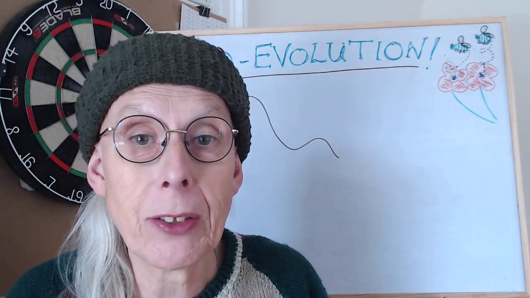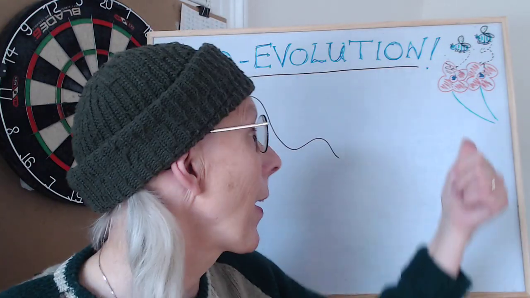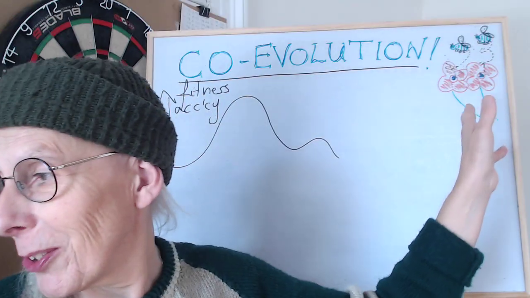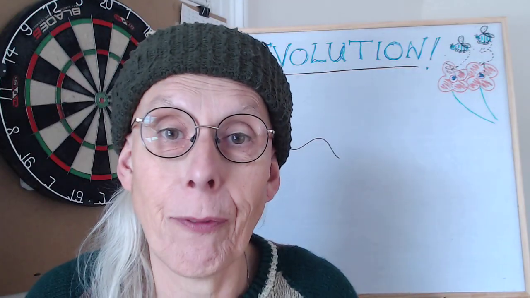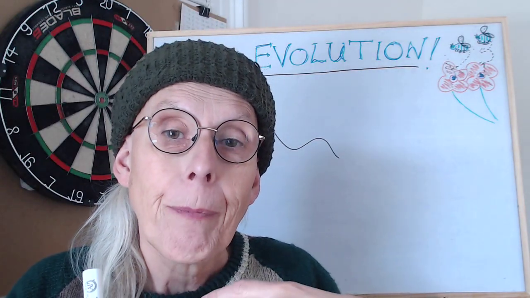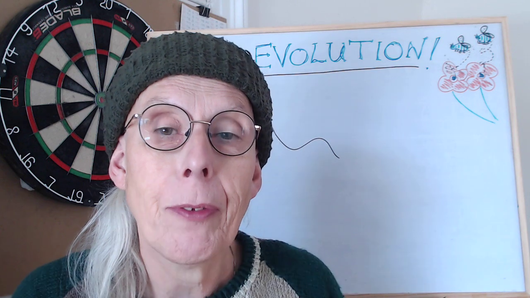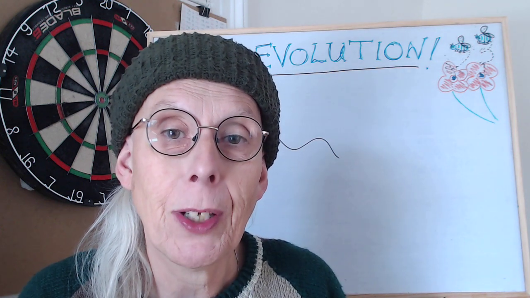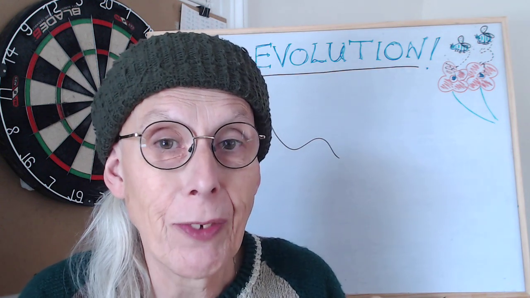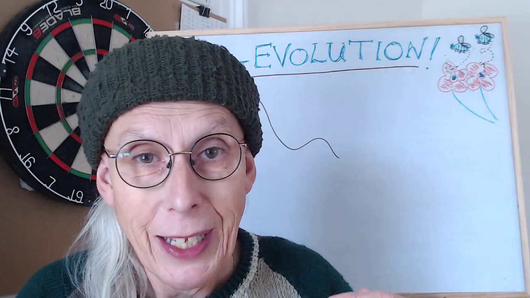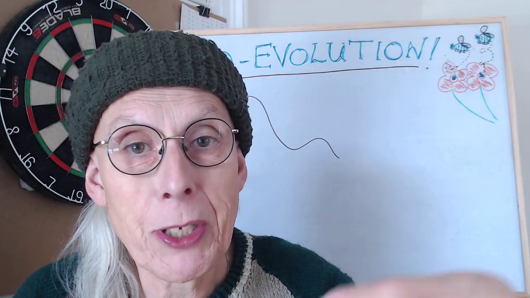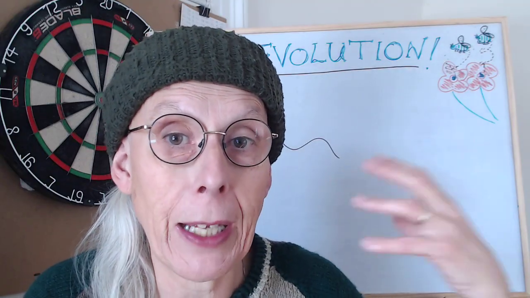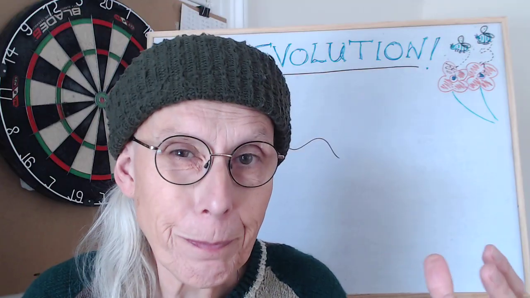Okay, it's maybe the insects that help to pollinate it. Hence my little sketch there of some bees and flowers. So the environment that an organism has to optimize itself in is always changing, and it's very complex because it's actually got an environment which is other organisms that are also trying to improve.